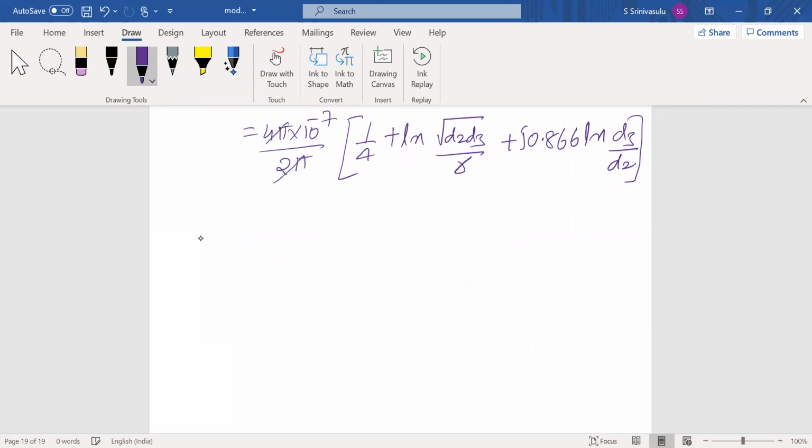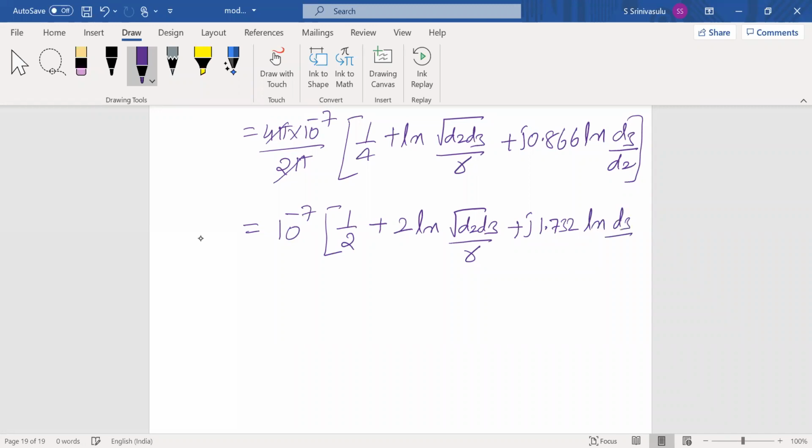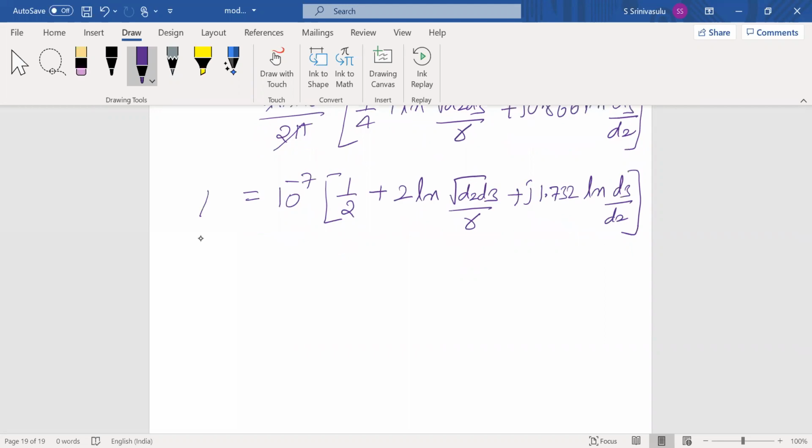Finally, we get 10 power minus 7 into 1 by 2 plus ln of root over d2 by r plus j 1.732 ln of d3 by d2. Okay, this is about the reactance of the conductor.